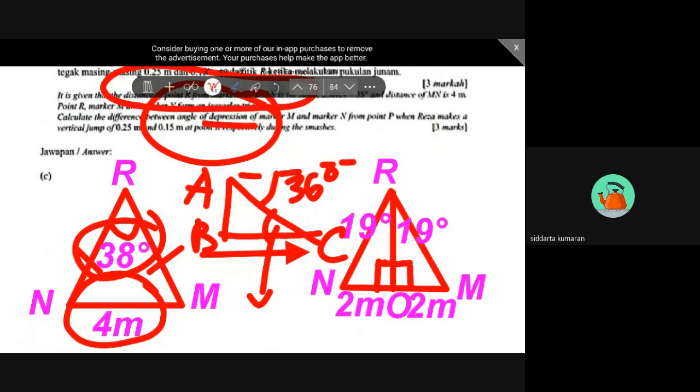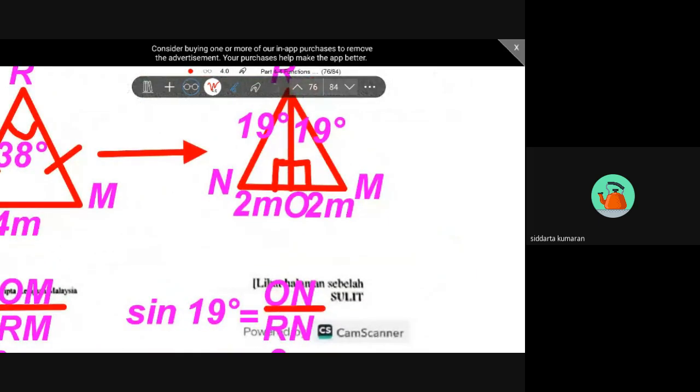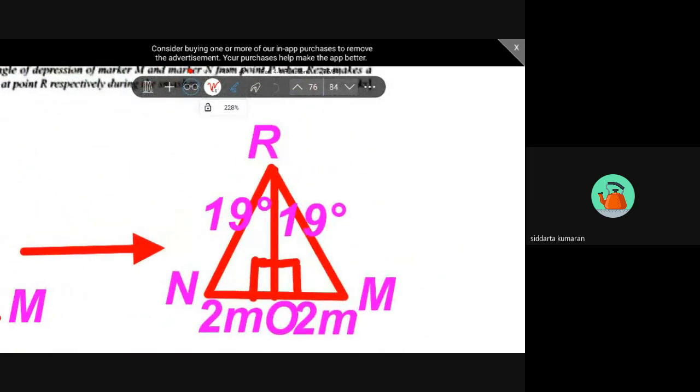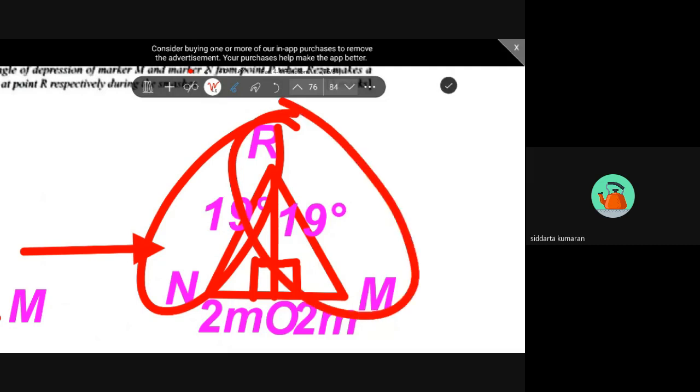Sekarang kita selesaikan. Wait, wrap this off first. Okay, so this one, saya bentuk macam ni so that I can find out RN and RM. Sebab sekarang saya tak tahu jarak dia. I don't know the distance of RM and RN now.